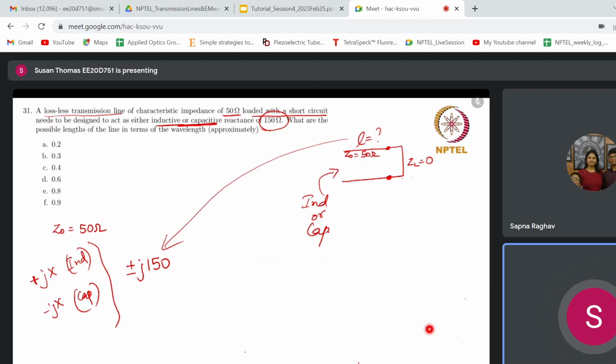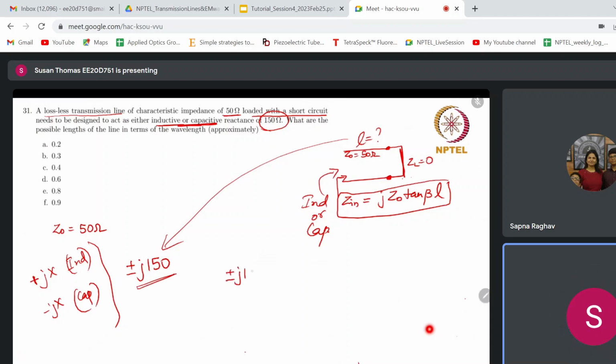We already know part of this because we have already solved Z in. The equation for Z in, if it is a short circuited load, is j Z naught tan beta L. If you know this relationship, then this is a straightforward question. So what is Z in? What do you need to create? Plus or minus j150.